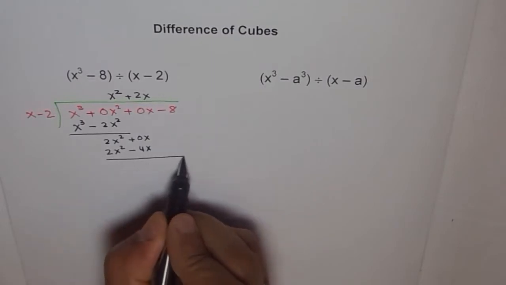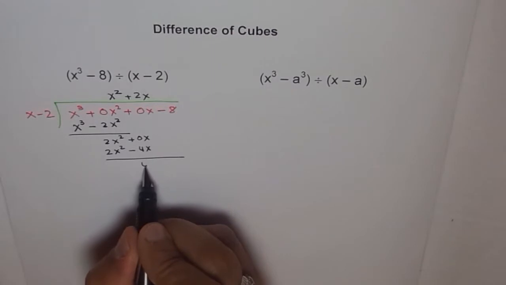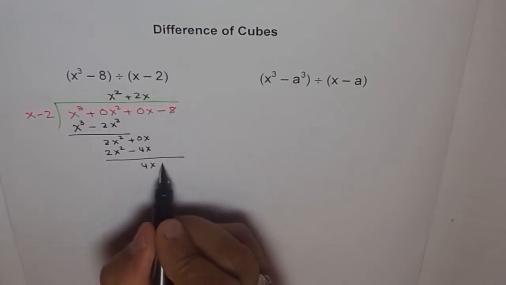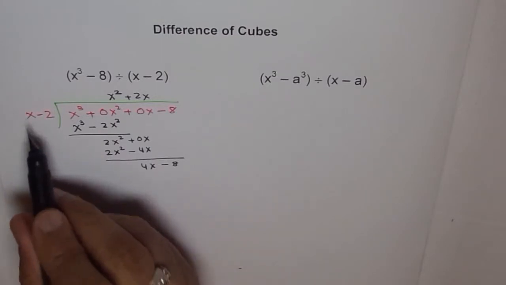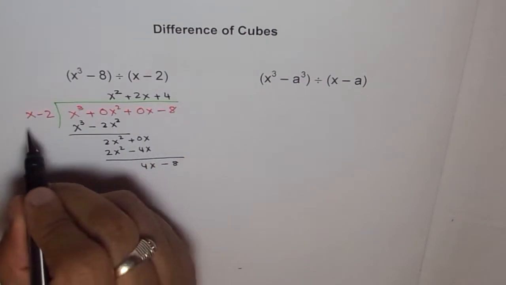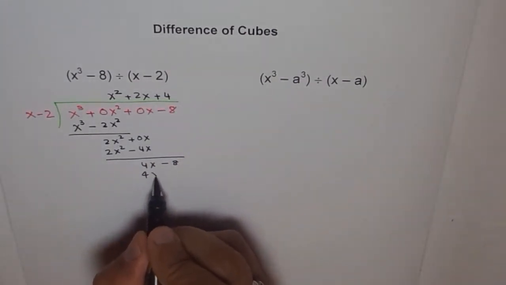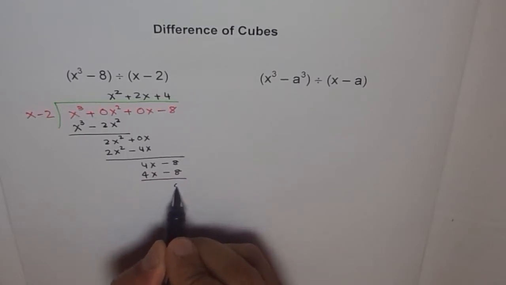And so we will take out this from this. So when you do that, you get 4x here, and we'll bring down the minus 8. So what should you multiply this by? 4. So we'll write plus 4. So 4 times x is 4x, minus 2 times 4 is minus 8, and we see the remainder is 0.